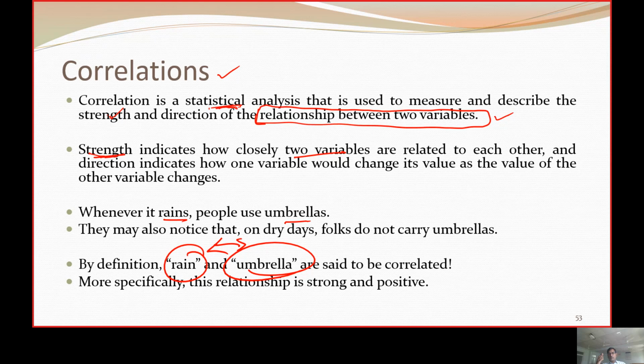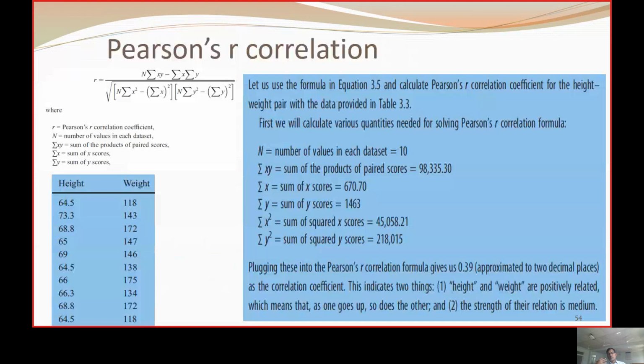When we are working with correlation, one of the most popular, widely used correlation metrics is the Pearson coefficient. We represent the Pearson coefficient as r, and n is the number of values in the data set.